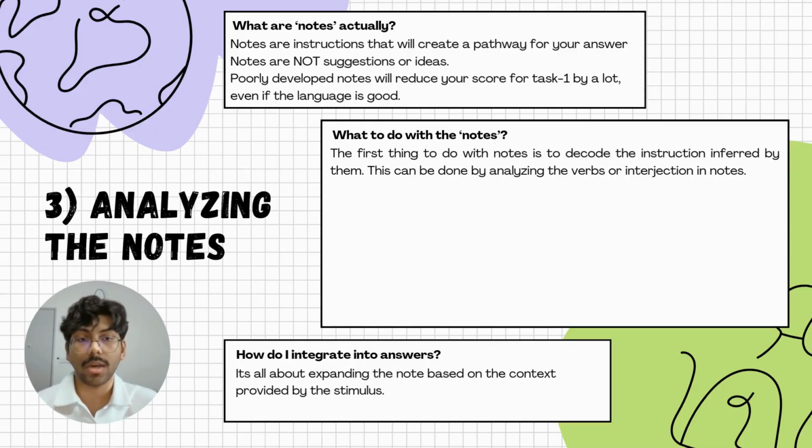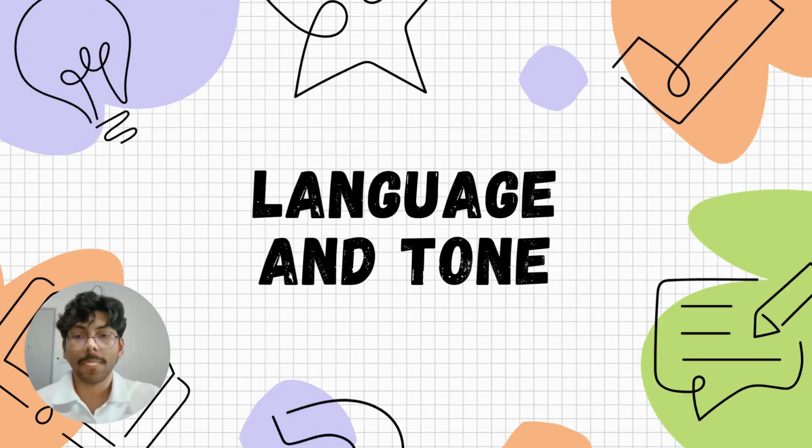Fantastic means giving an enthusiastic approval, while complain means stating your problem, and so on. So once you have done with analyzing the question, you should move on to planning or making a draft for your answer. That's why we will begin language and tone.